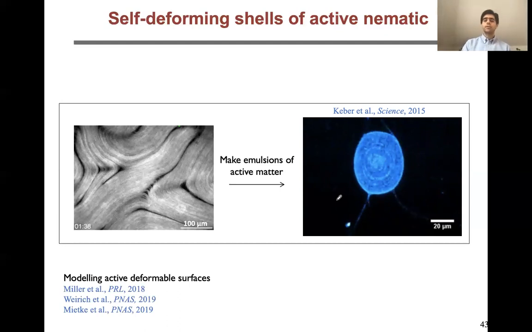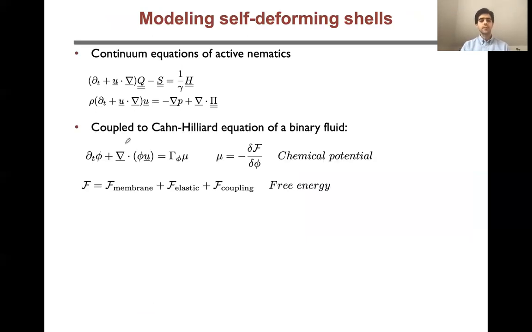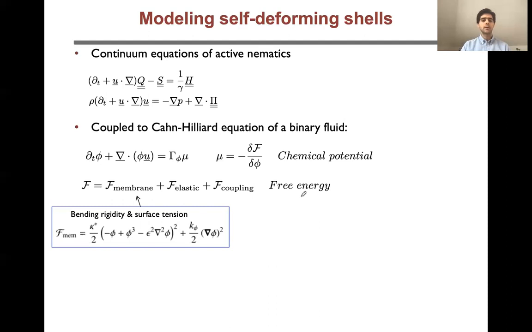Again, you can use phase field modeling to attack this problem, and the idea is quite simple. We take the equations that we have for the nematic and for the velocity field as before, introduce the phase field model as before, and the free energy terms are similar. You have the terms coming from the surface tension and the relaxation.